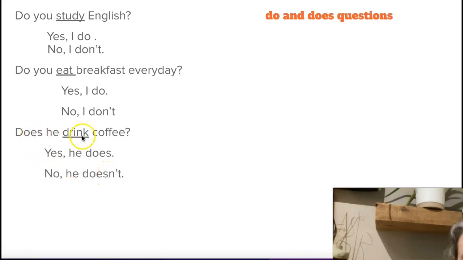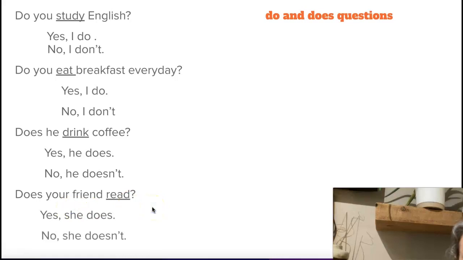Does drink. Does your friend read? Yes, she does. No, she doesn't. So we use do with you, does with he or she. We would use do with we or they.